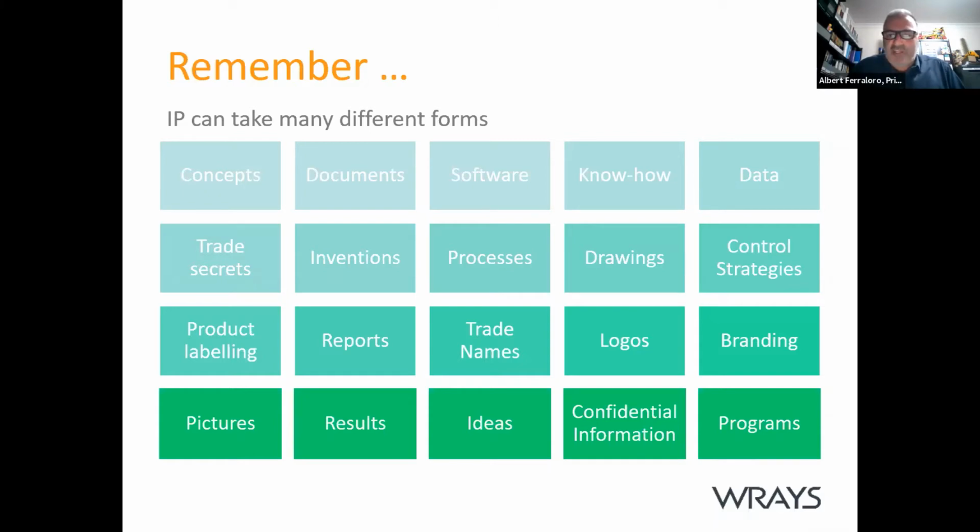Each of these needs to be thought of and protected in a certain way. Some of them with formal IP rights, many of them with informal and free, non-costly or no-cost rights. And some of our other presenters, my colleague Mary, who's following up with patents, are going to highlight some of the differences about how you protect these different rights.